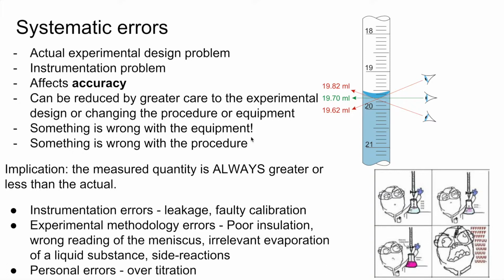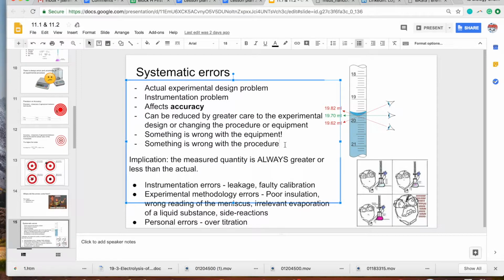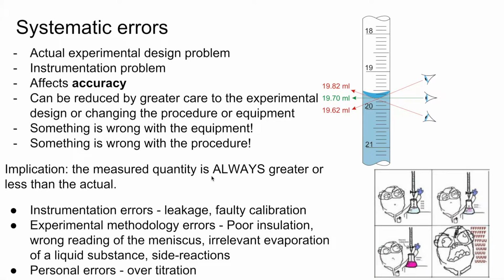Remember, if you have a systematic error, something is wrong with the equipment, something is wrong with the procedure. Because if you don't change your equipment, if you don't change your procedure, whatever you're measuring is always going to be either greater or less than the actual.